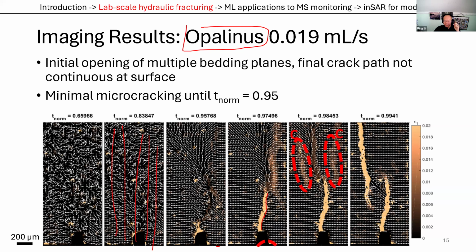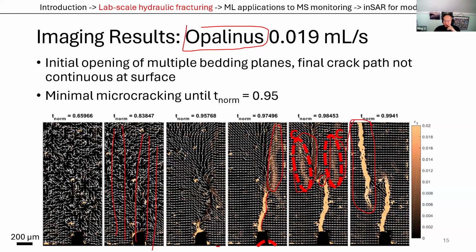And what's very interesting is that you'll see there's another bedding plane that started to dilate here. And then later in time, we had 2 bedding planes on either side of this crack tip that begin to dilate. But over not too long of a period of time, one of them takes over and becomes the dominant hydraulic fracture that then continues to propagate.